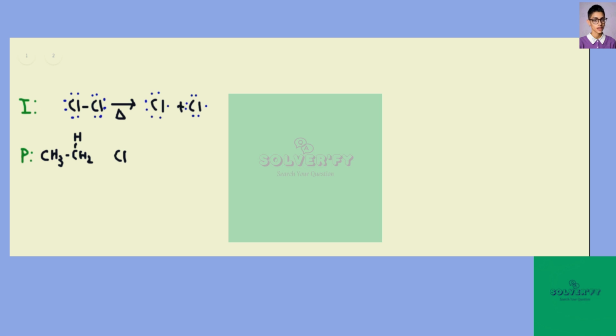We have one of our chlorine radicals that we formed in the initiation step, and it is going to come along and grab a hydrogen. The electrons of this bond cleave homolytically. After this first propagation step, we have this.